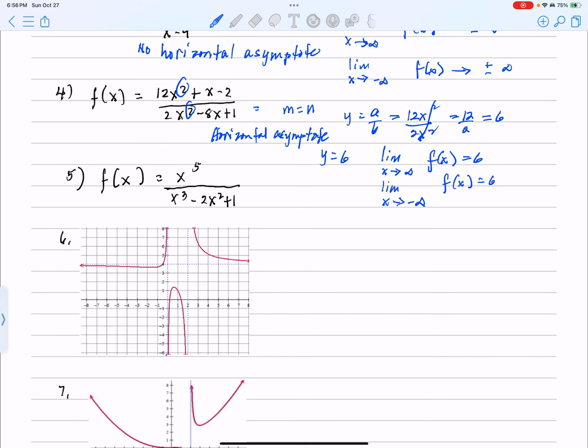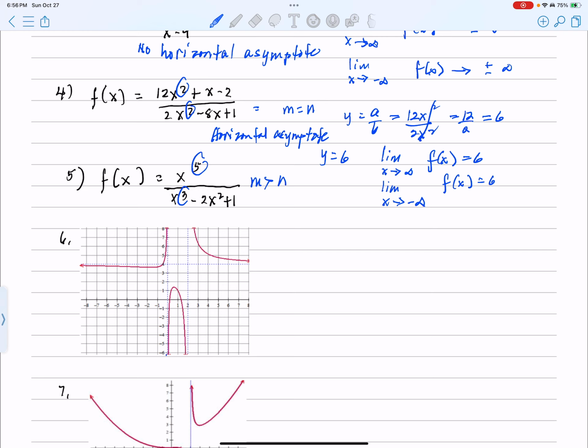For number 5, f of x is equal to x to the 5th over x cubed minus 2x squared plus 1. So m is greater than n.